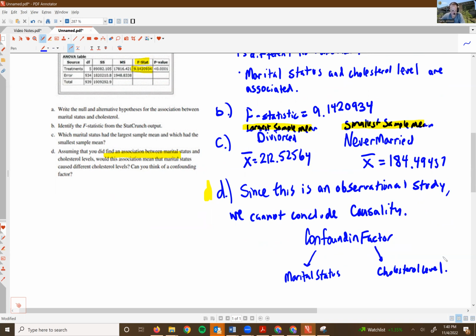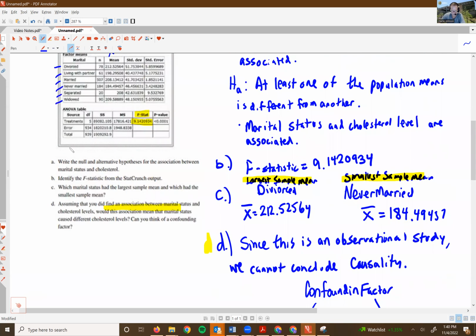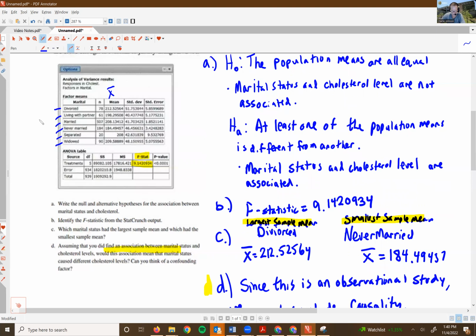In this particular example, we just have people that have some different kind of marital status. Some people that are never married could be really young and will have low cholesterol. We could even have some people that are old that have never been married that'll have typically higher cholesterol.